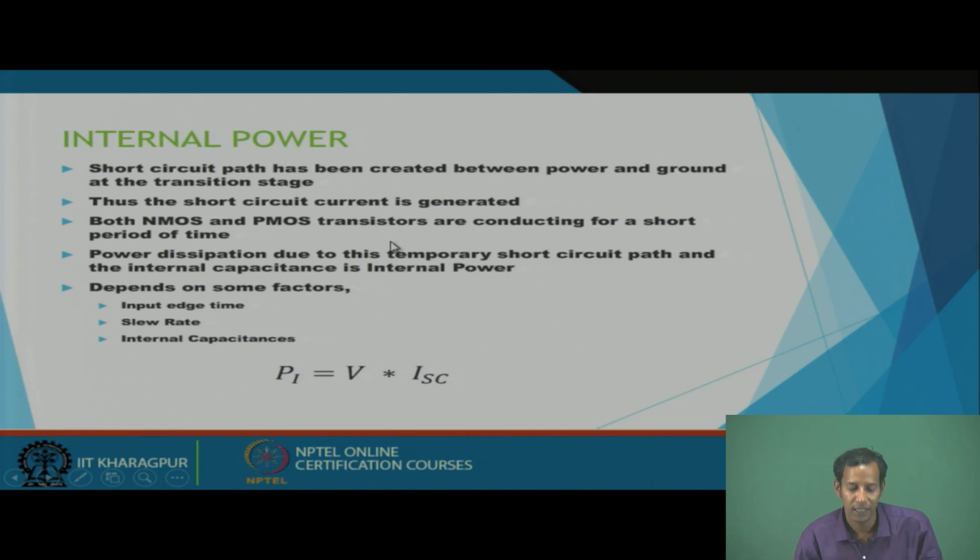Because of that you will have one short circuit current, and because of the short circuit current you consume some internal power, with voltage into current being your power. So, we can get some internal power, which is present even if the system is not running at all, but still there will be this power all the time.